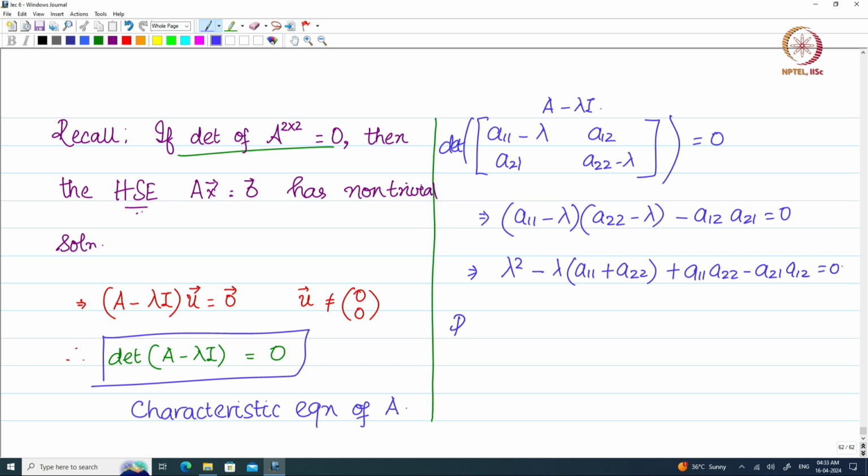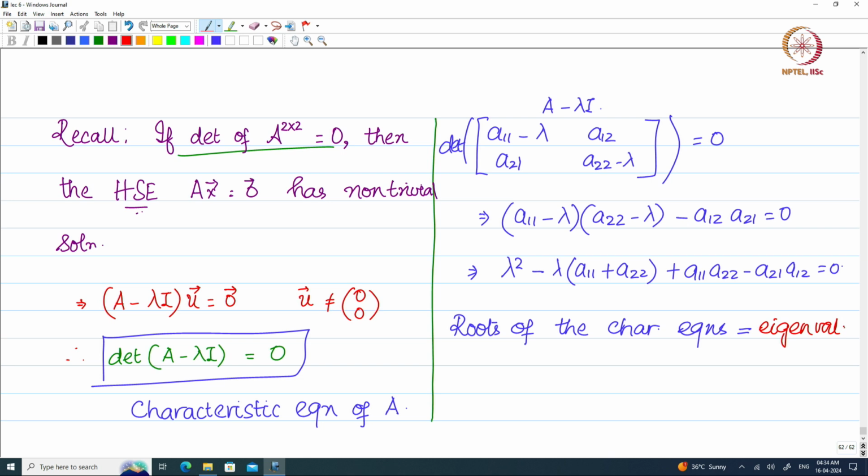So, the roots of this equation, and this is basically the characteristic equation, the roots of the characteristic equation give the eigenvalues. These are the eigenvalues, the scalars.